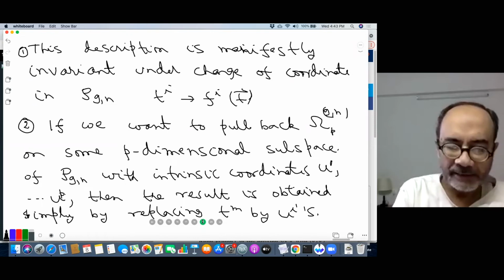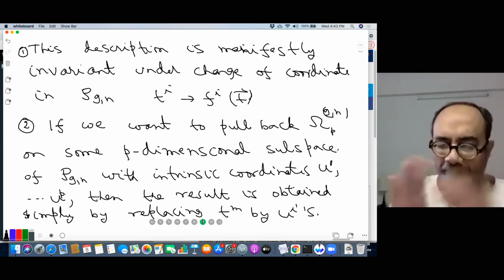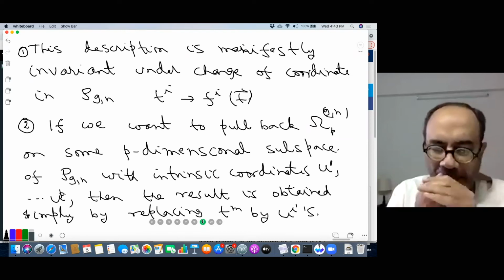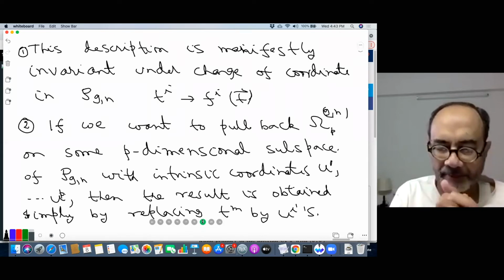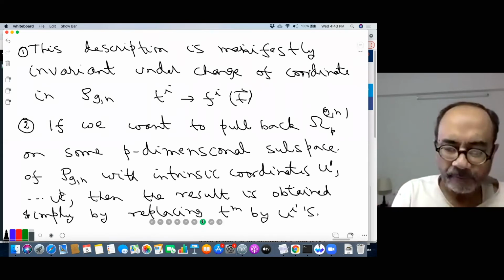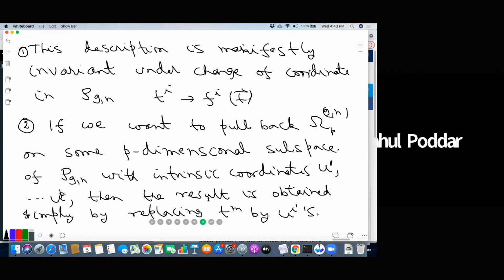We'll see some applications of why defined p's are useful. But string amplitudes will be expressed in terms of a p-form where p is 6g minus 6 plus 2n, because that's the dimension of the moduli space. Is this clear? Yes, thank you.